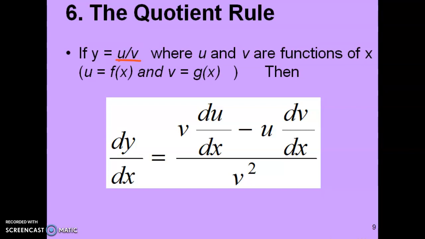So straight from the book, the differential of this one is v, remember, v is a function and u is a function, v times the differentiation of u as a function, minus u times the differentiation of v as a function, all over v squared.